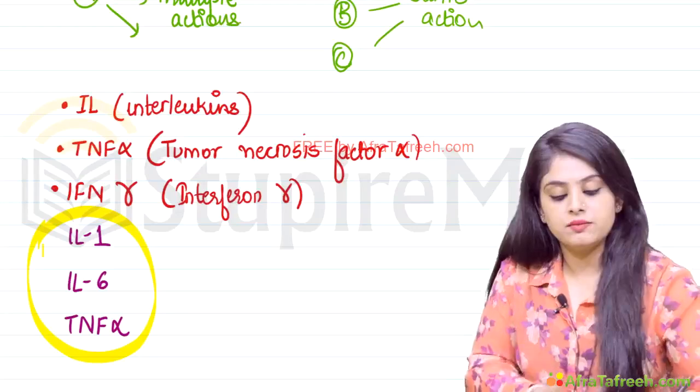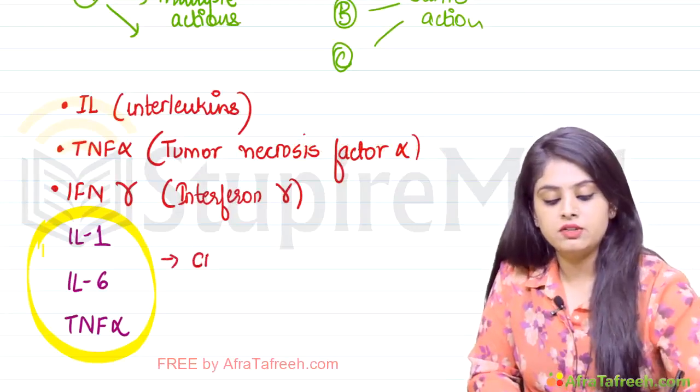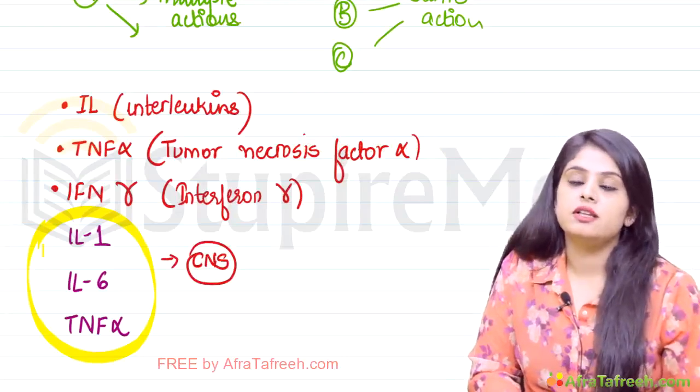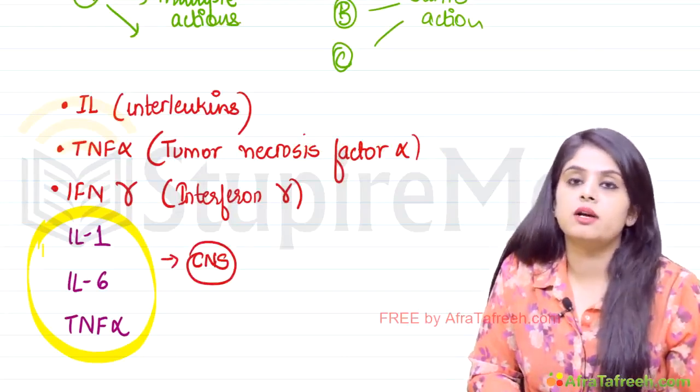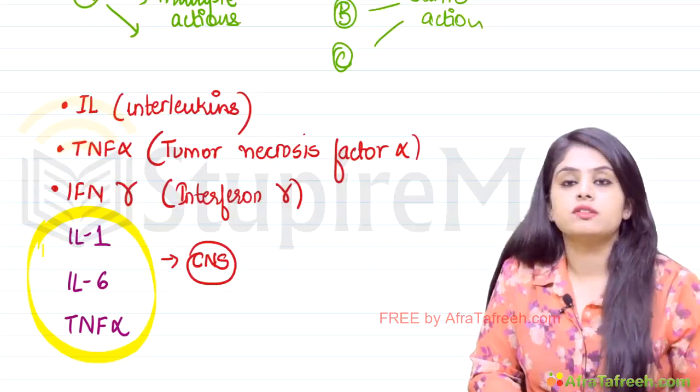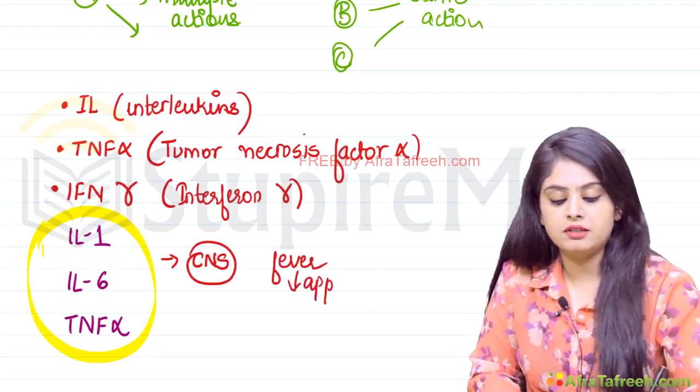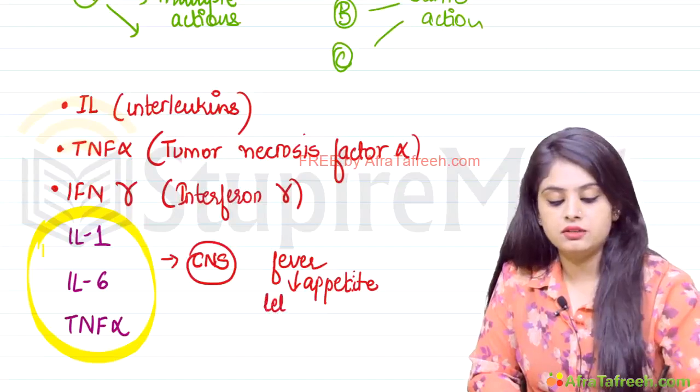And what is that action? On the central nervous system or the brain, whenever we have any infection, there are some features that are experienced by all. Infection causes fever. Infection causes decrease in appetite. There is lethargy.